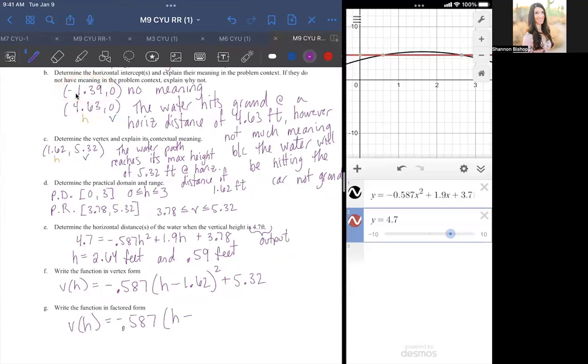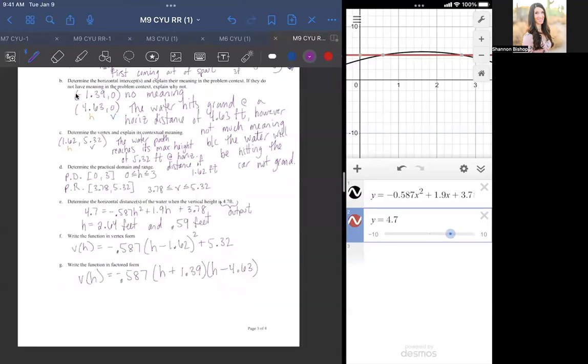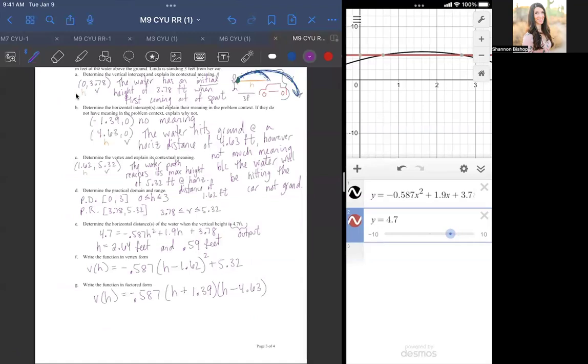I'm going to shortcut that: plus 1.39, as well as h minus the second x-intercept, which was 4.63. So minus 4.63. And that is the same function, but in factored form.